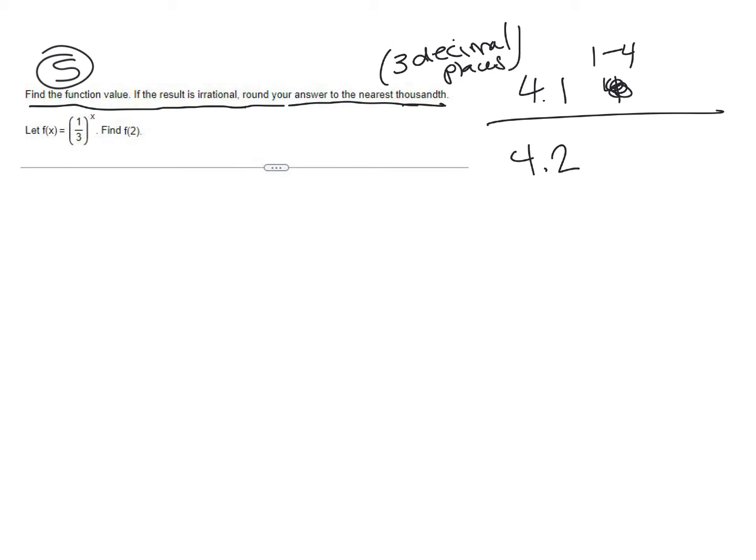So I have let f of x equal 1/3 to the x power. Find f at 2. So f at 2 would equal, and this is when I take 2 and plug it in for my exponent, so it would look like this. And then you have to be careful here because when you do this, you end up with 1/9, which is actually not irrational.